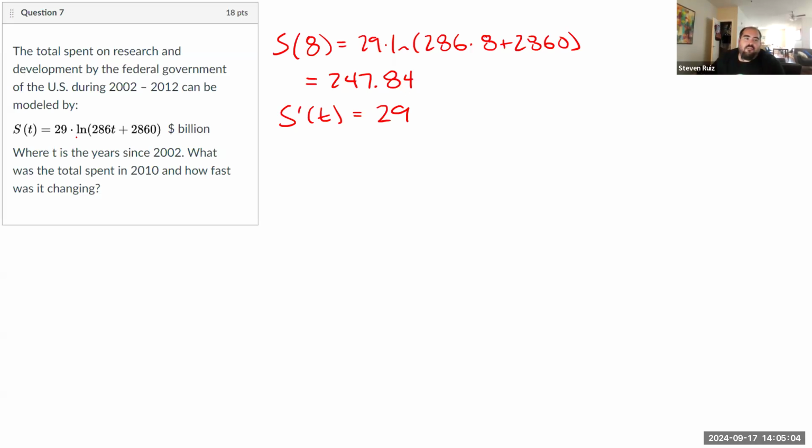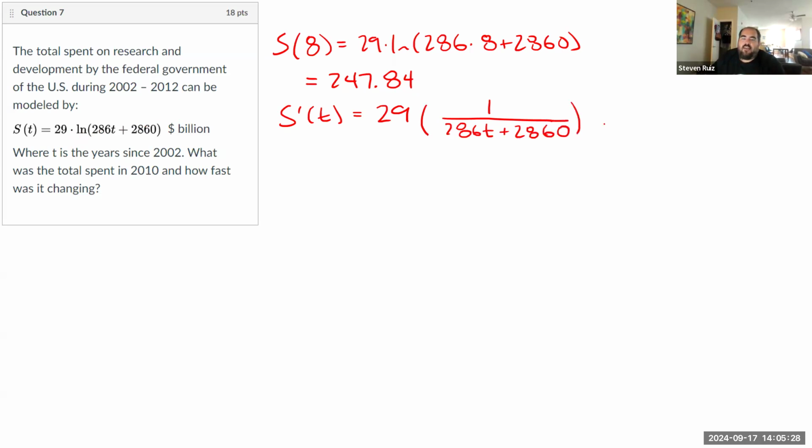So let's think about this in 2 different ways. The outer function here is the natural log of something. So what is the derivative of a natural log? The derivative of a natural log is 1 over basically whatever you're taking a natural log of. So 1 over 286t plus 2860.